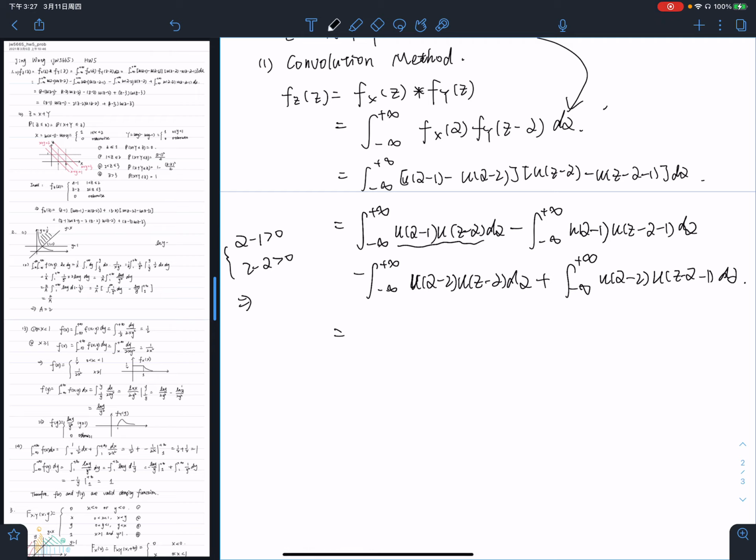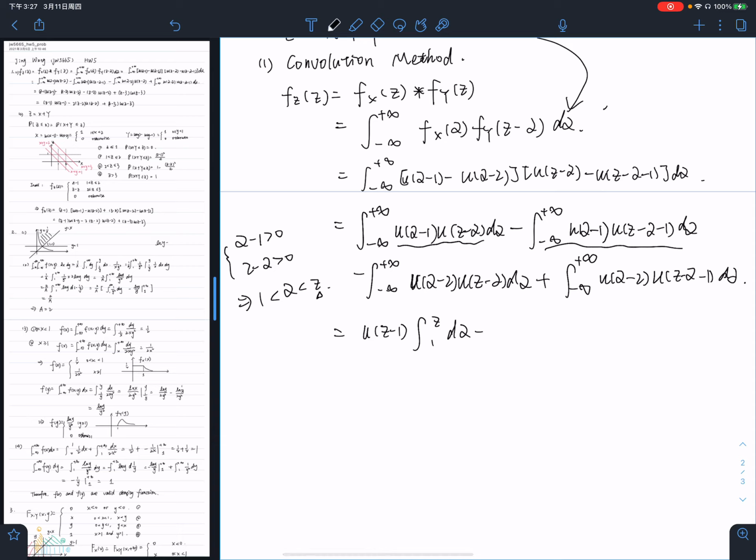Then alpha should be larger than 1 and smaller than z. If z is smaller than 1, there will be no such alpha. So it should be u(z minus 1) times the integral from 1 to z d alpha.